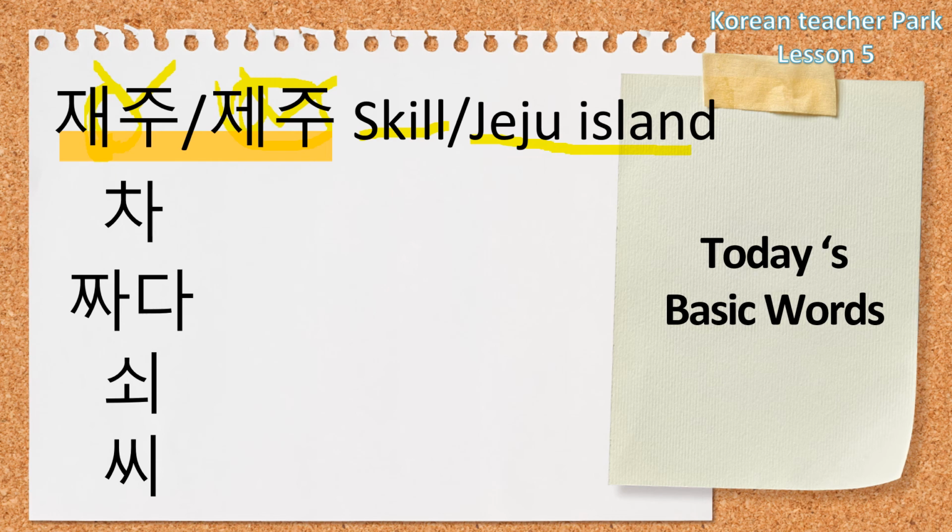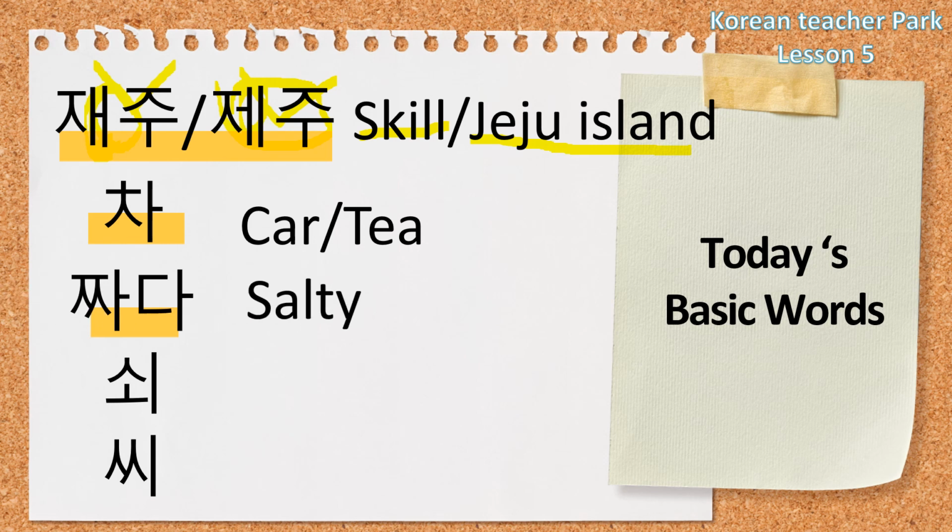Next word, how to read? Yes, 차. It has two meanings. One is car and one is tea. We drink tea. This is tea. Third, 짜다. It means salty. Fourth, how to read?